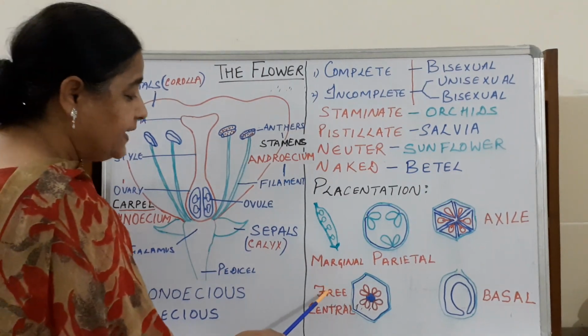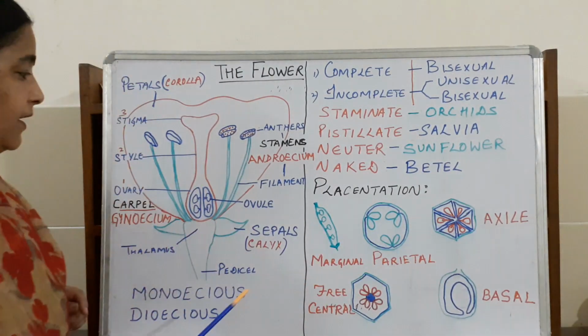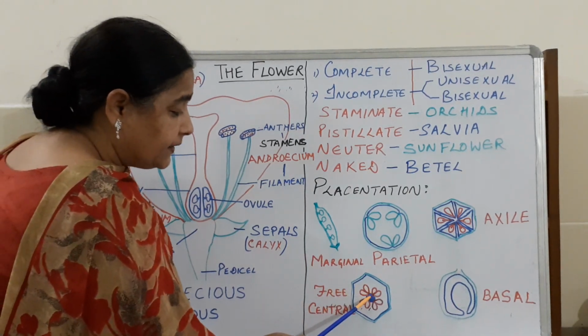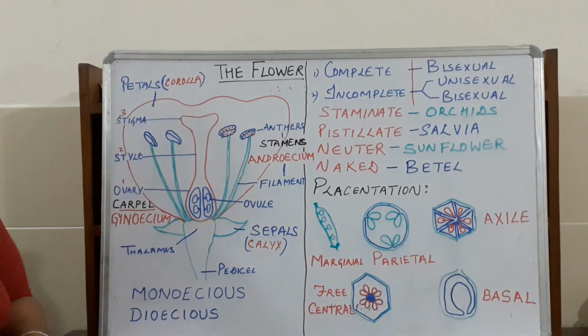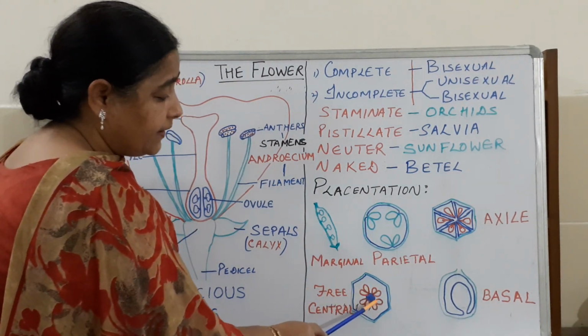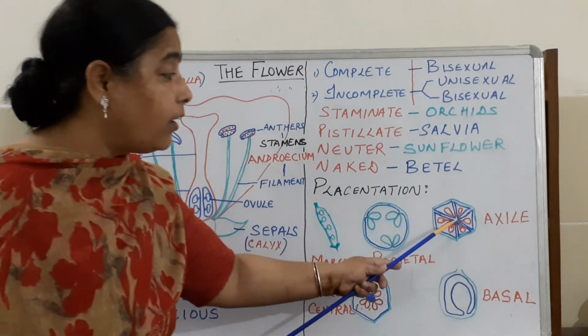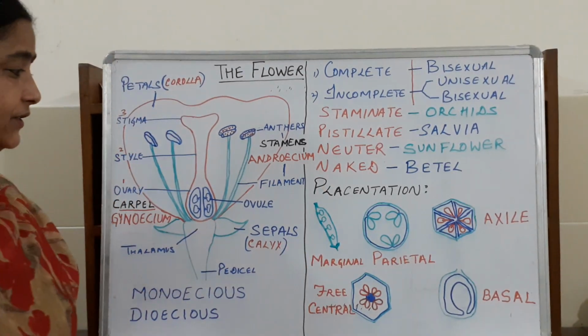In the case of free central, it is slightly different from the axile placentation, where in the very center there is an axis of soft tissue. Around the tissue the ovules are arranged, but there are no chambers or partitions, which we found in axile placentation.